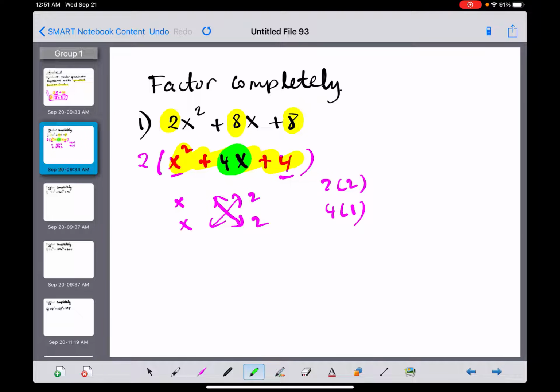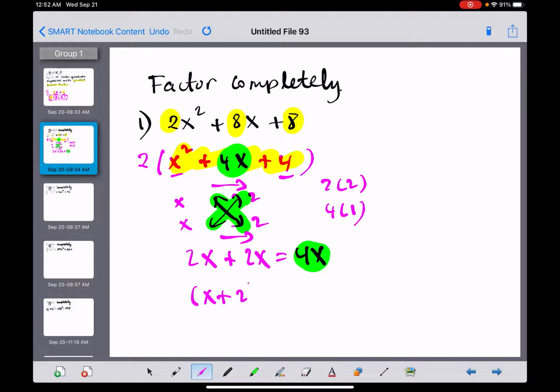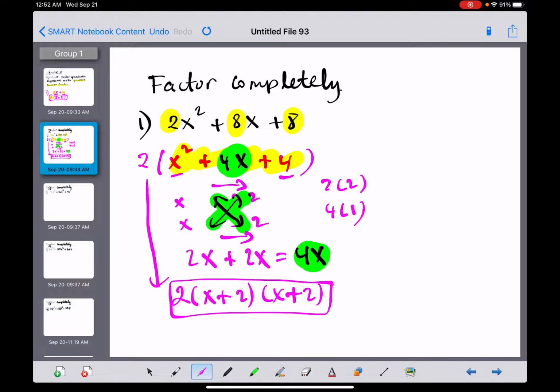So x times 2 is 2x. X times 2 is 2x. 2x plus 2x is 4x. So you see it matched with the middle term. We're on the right track. So look straight across to write down your answer, which is x plus 2 times x plus 2. And don't forget to bring the 2 down, the greatest common factor, and that's the answer right there, okay?